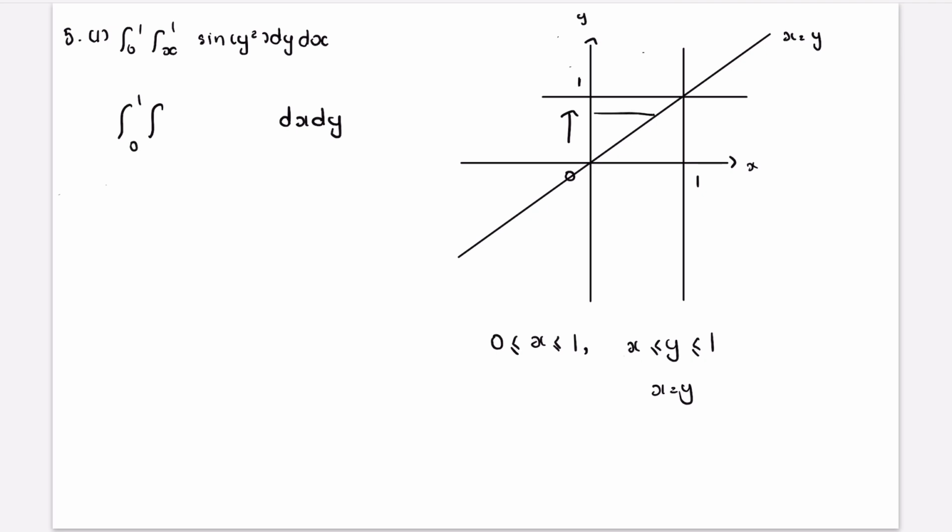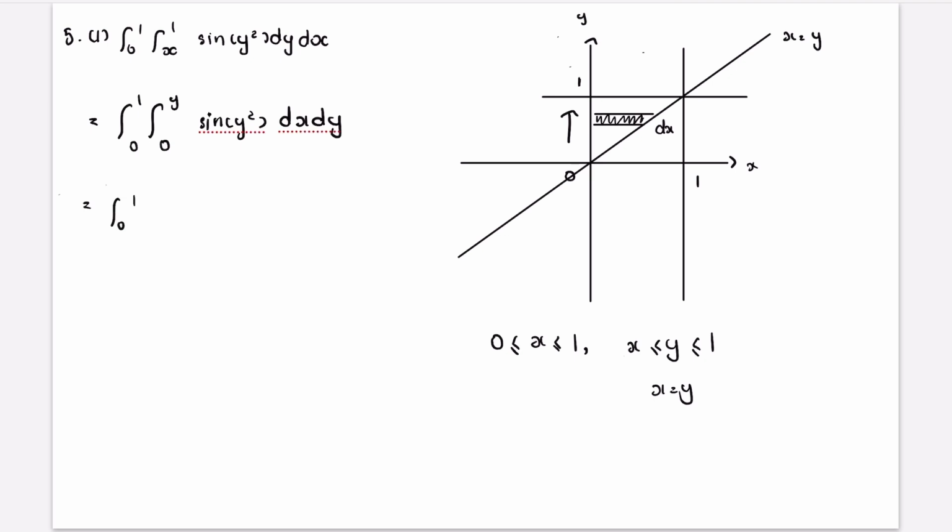To find the x range, okay, let's draw the x's. This is x. x is ranging from 0 to 1 side. It's 1. See, so we change the order, and now we can find the integral of this question.